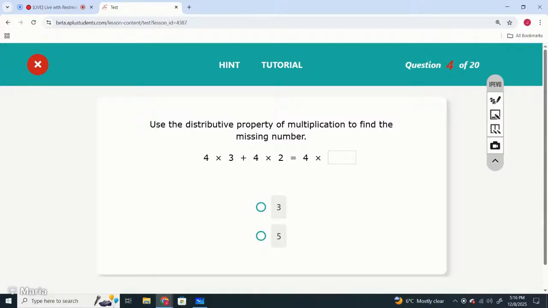Use the distributive property of multiplication to find the missing number. 4 times 3 plus 4 times 2 equals 4 times the missing number. So which number is missing? That is 5.